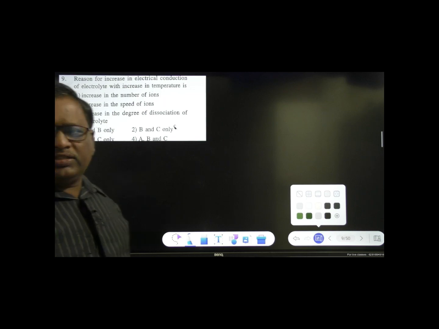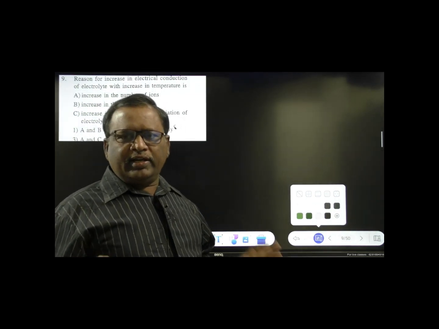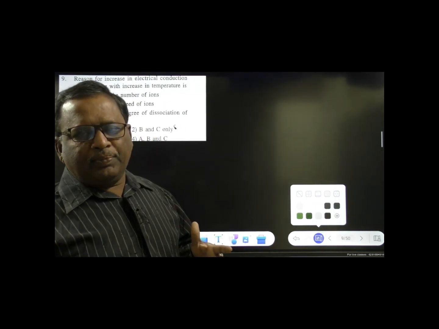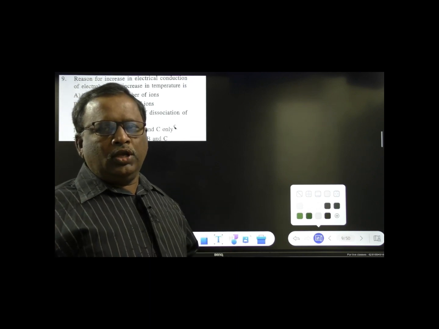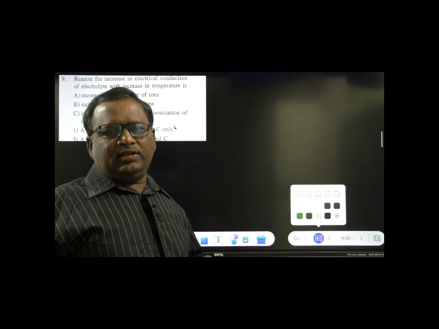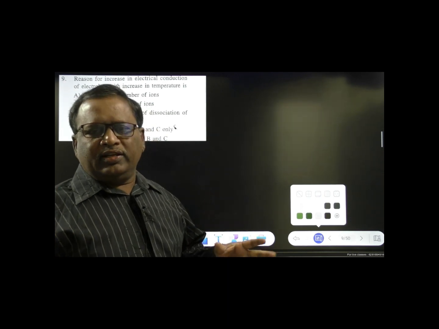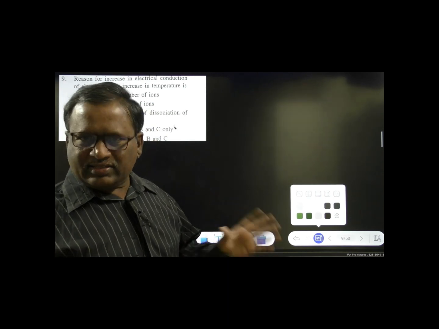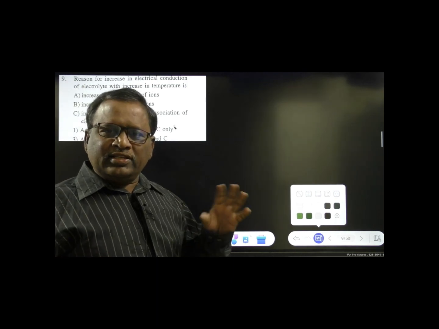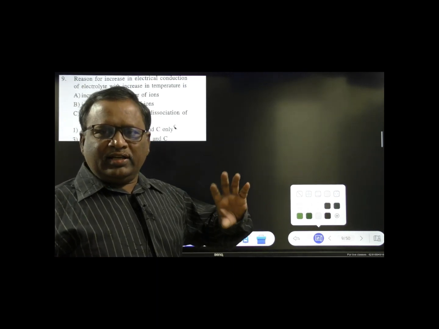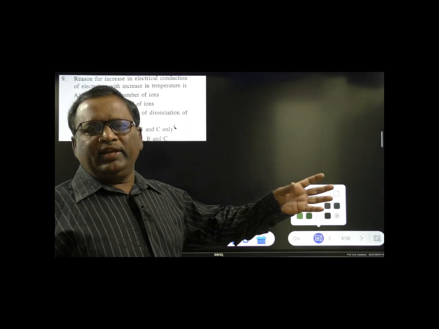Reason for increase in electrical conductance of an electrolyte with increase of temperature. With increase of temperature in an ionic conductor, ionization increases. Due to the increase of ionization, the number of ions in a unit volume will increase. And again, due to the increase of temperature, the velocity of ions also increases.